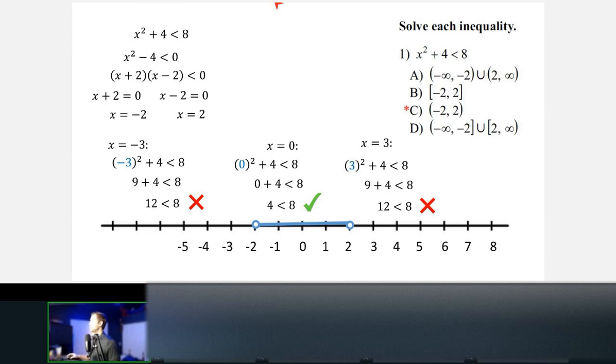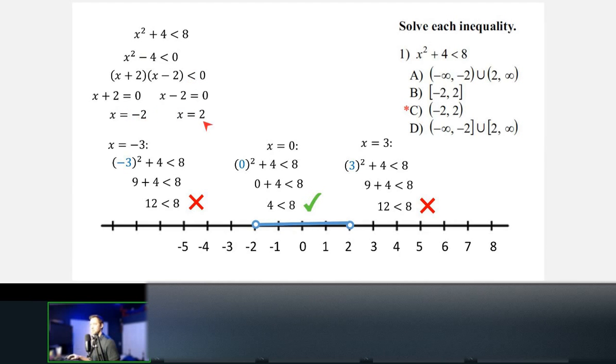All right, number one, we have to solve the inequality. This is probably our first lesson of the school year. So we have to solve this, get everything on one side, so subtract the eights. Then we want to solve by factoring, and when you factor this, set them equal to 0, we get 2 and -2. So this is a less than or equal than symbol.